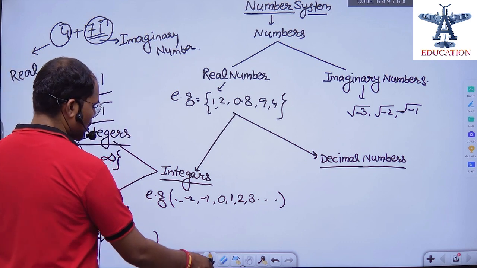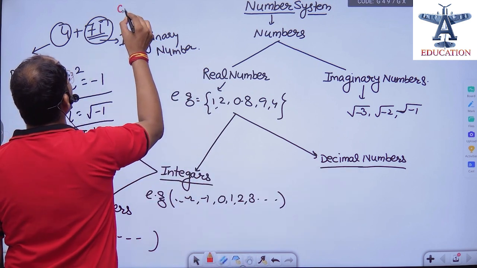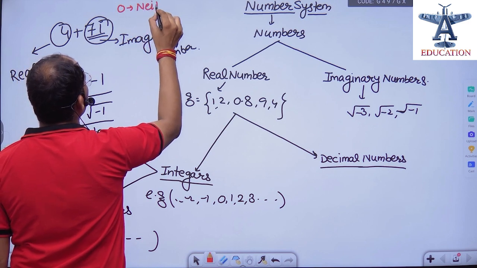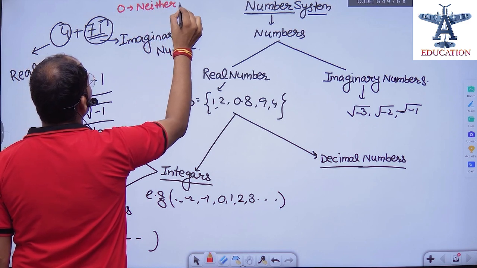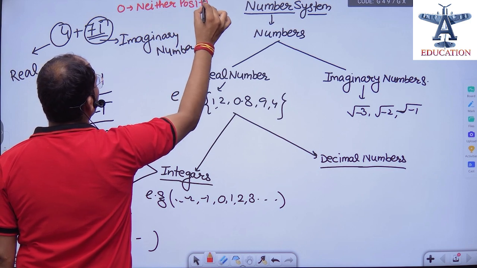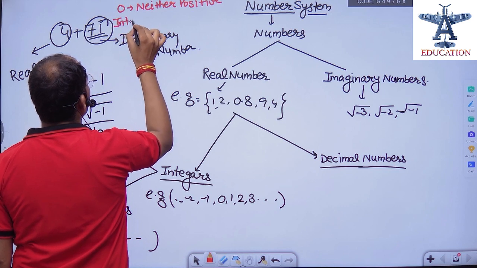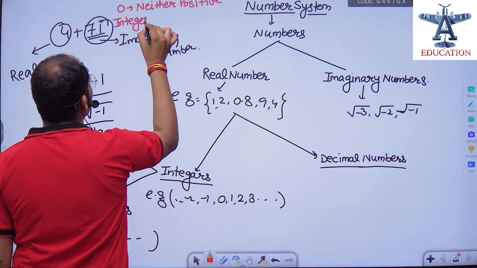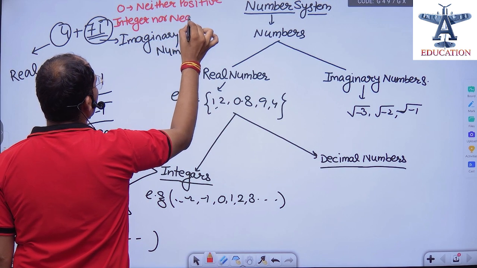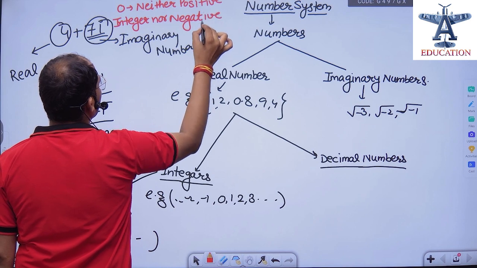You can note down this: 0 is neither a positive integer nor a negative integer.